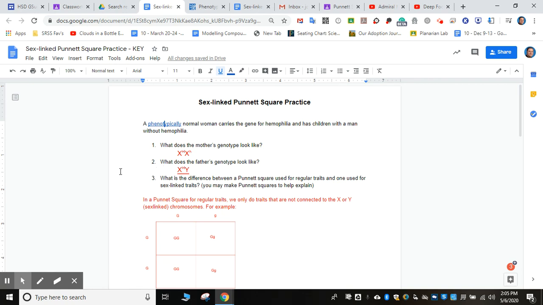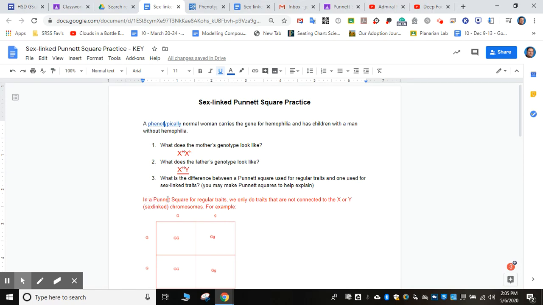Number 3. What is the difference between a Punnett square used for regular traits and one used for sex-linked traits? You may put Punnett squares to help explain. So what I'm looking for here is for you to understand the difference between the two of them.